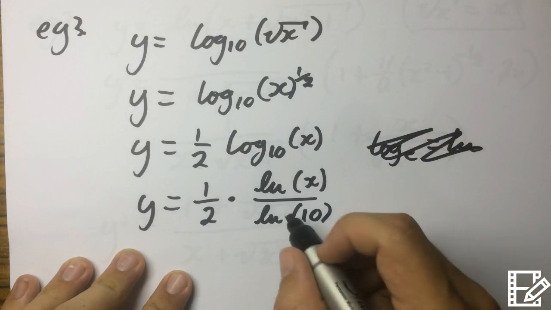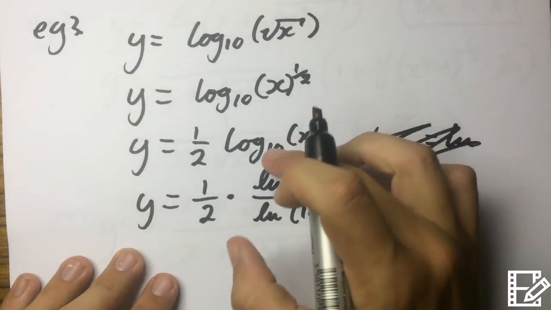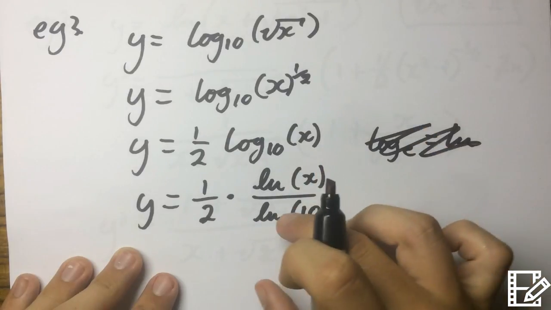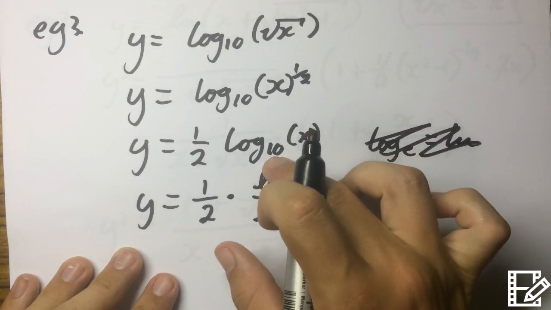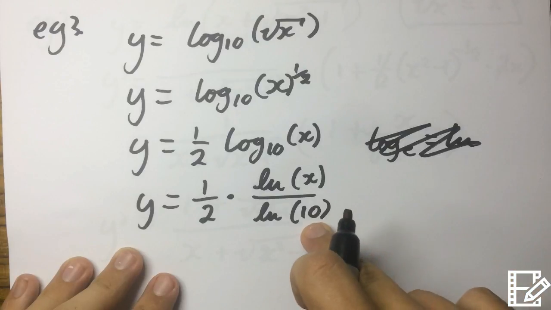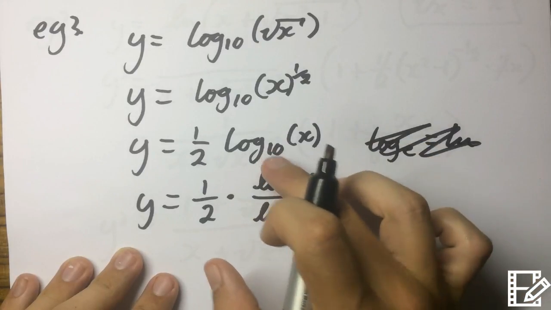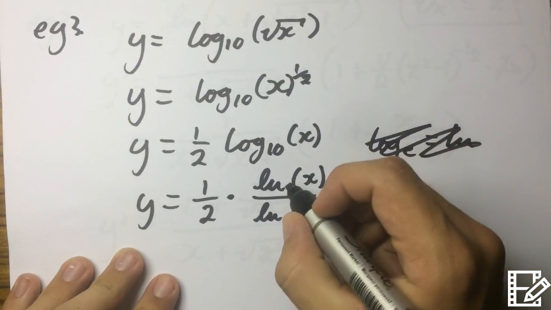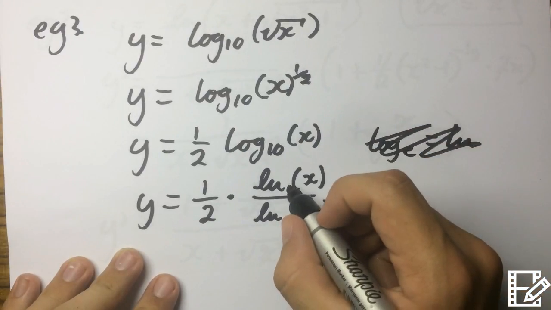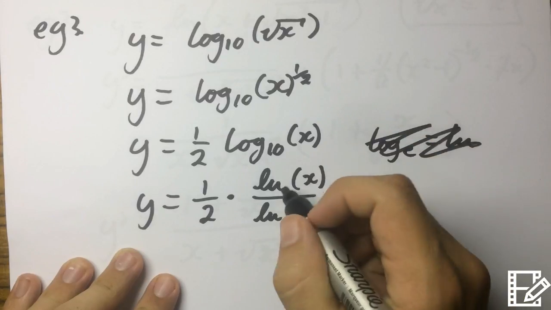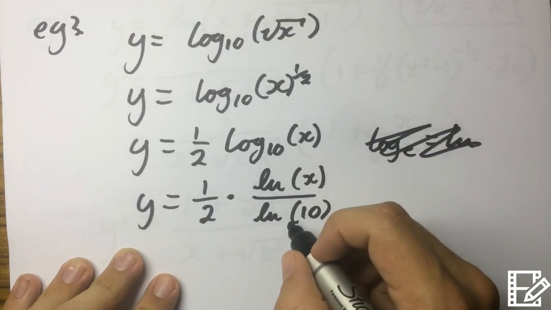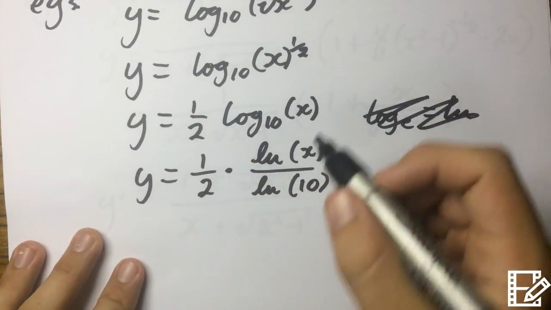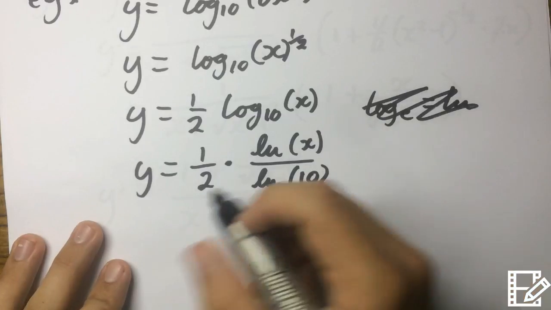Change of base means you use the base as part of the log. Basically, look up the rule. You do this process to make both of them have the same base. Anyway, that's the change of base rule.